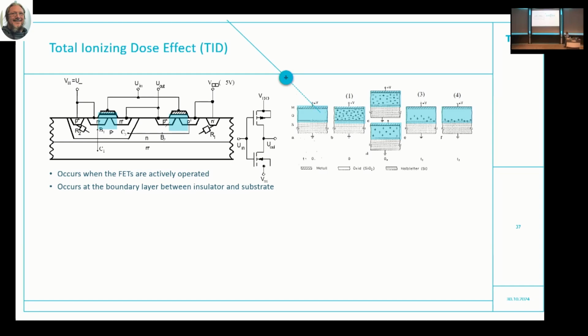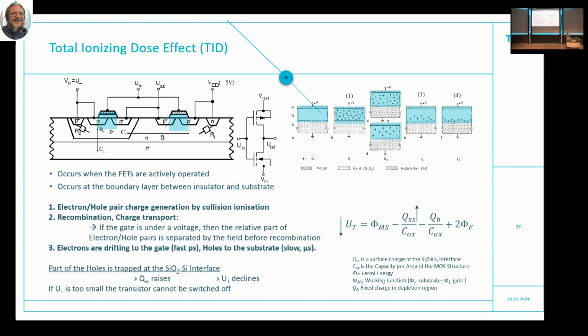The issue is that the surface is not perfect, and so we have particles that are trapped. So we have an increase of our surface charge. Why is this important? This is important because our surface charge, as an accumulated effect due to the radiation that is trapped here, increases, and therefore our threshold voltage decreases.